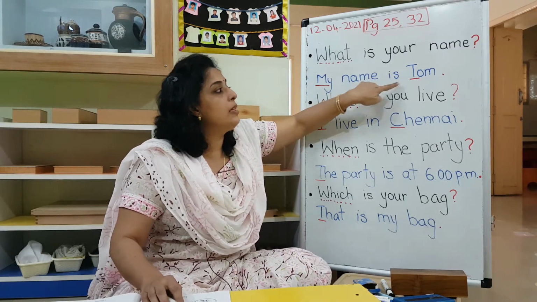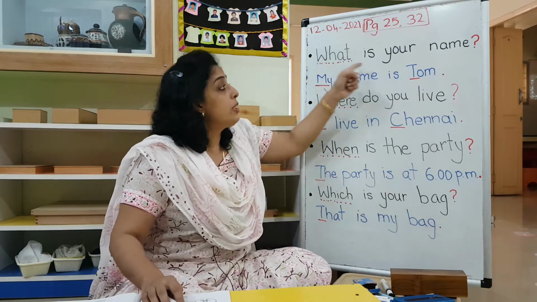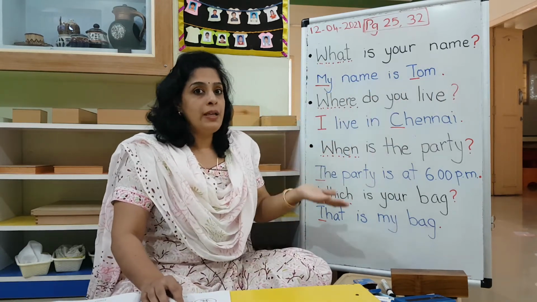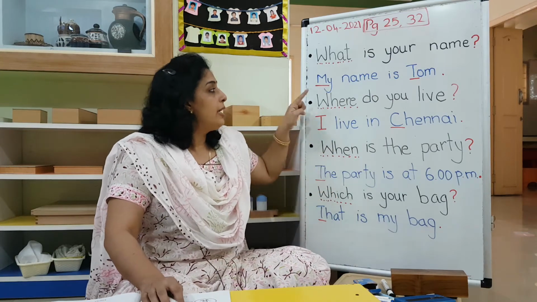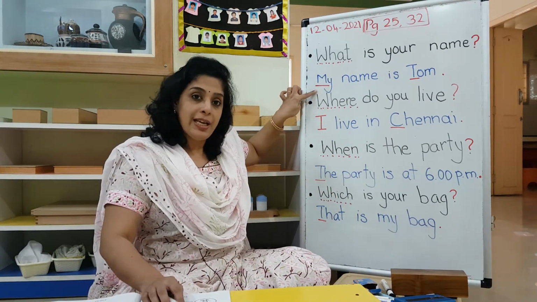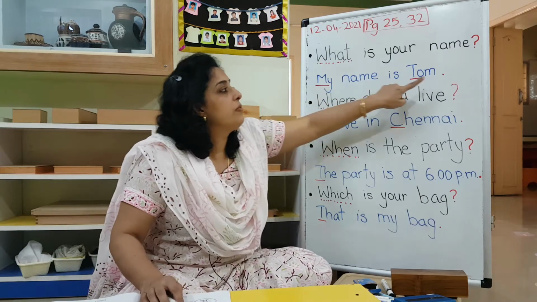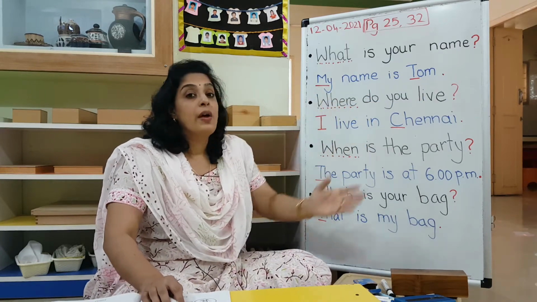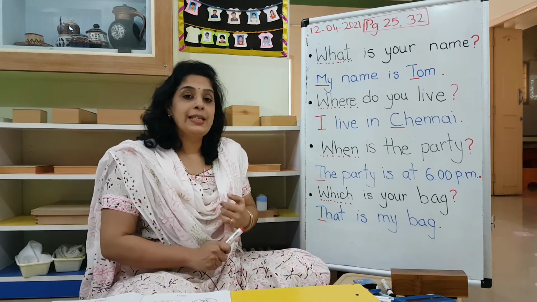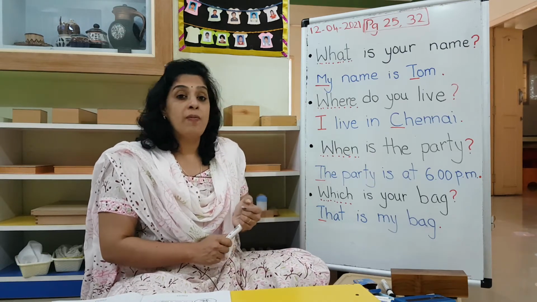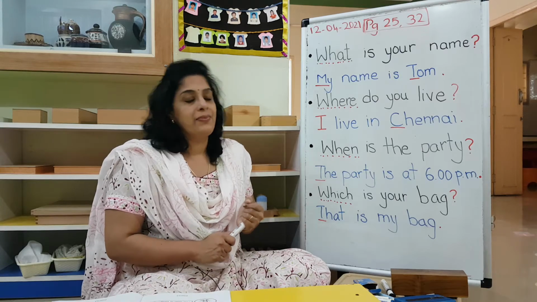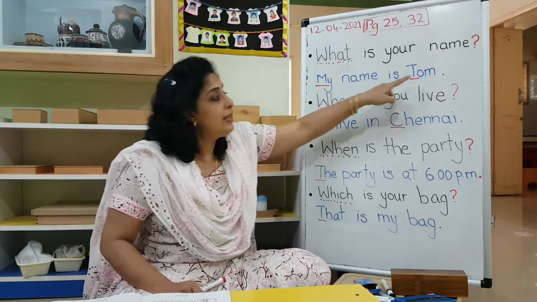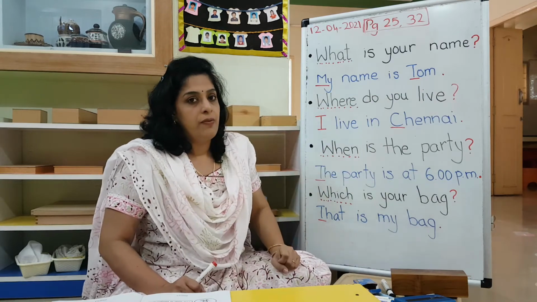My name is Tom. What is your name? My name is Tom. So that is also a sentence, but it begins with a capital letter and finishes with a full stop. You have to remember this. I remember that you were writing sentences at the end of term 1 and 2. Remember writing them? So you will know that you would have always started with a capital letter and finished with a full stop.